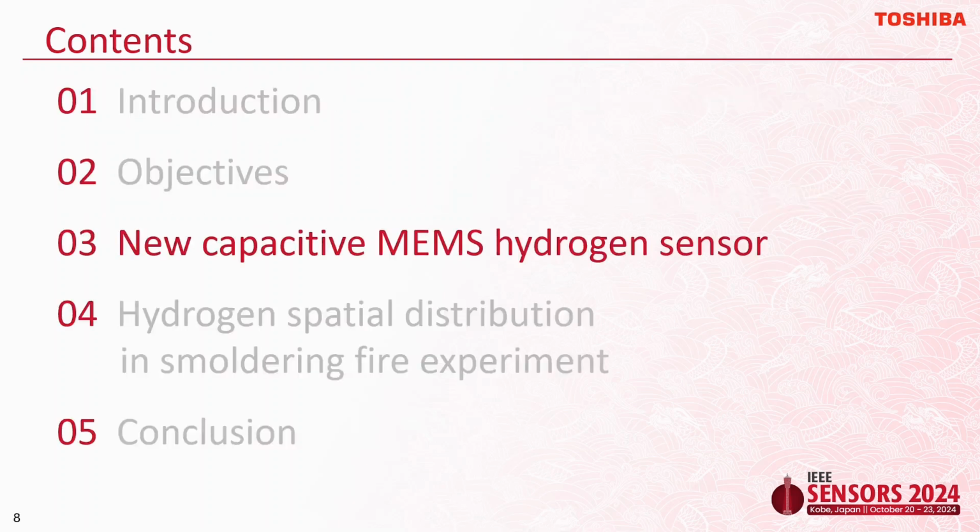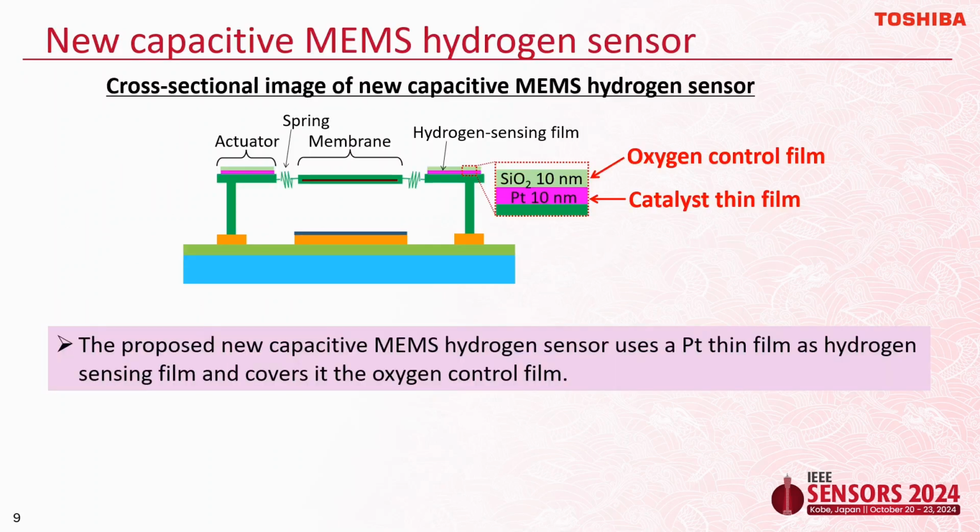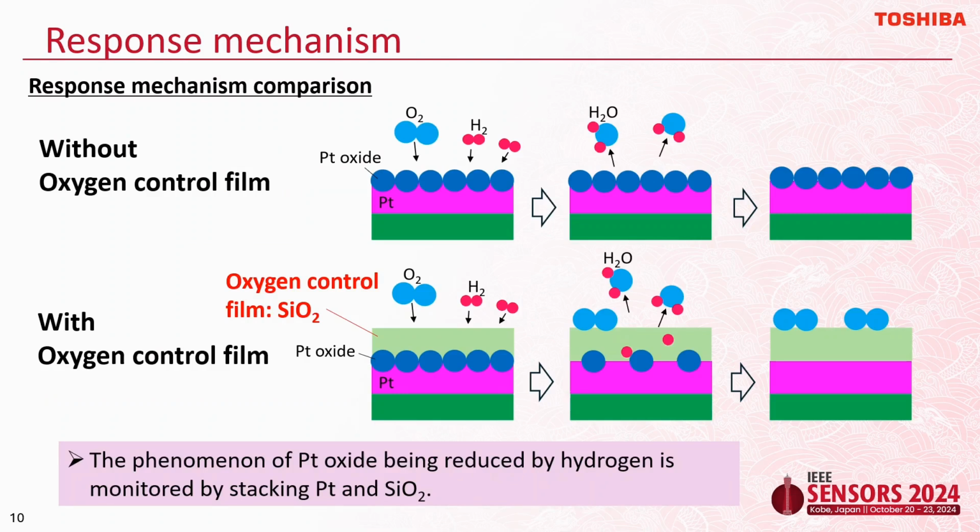I'd like to explain the new capacitive MEMS hydrogen sensor that we propose. The proposed capacitive MEMS hydrogen sensor uses PT thin film as hydrogen sensing film and covers it with an oxygen control film. I will explain the response mechanism by comparing the presence and absence of oxygen control film.